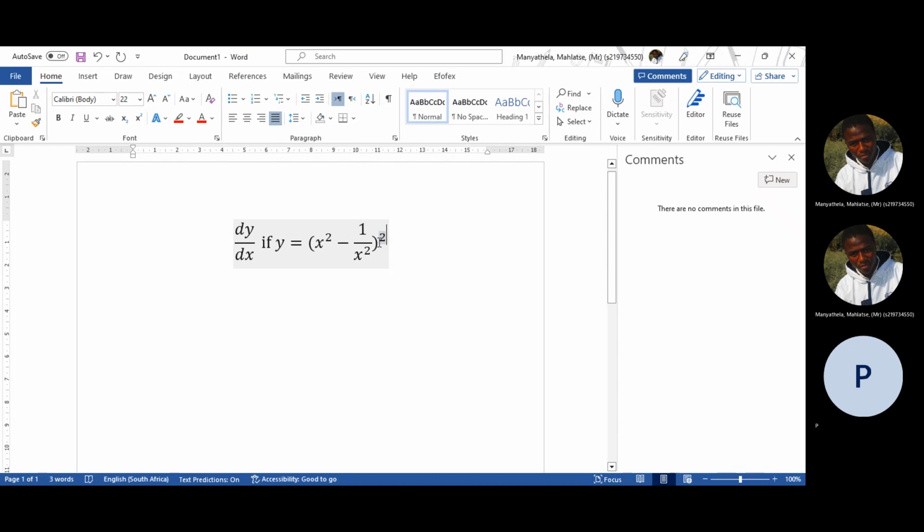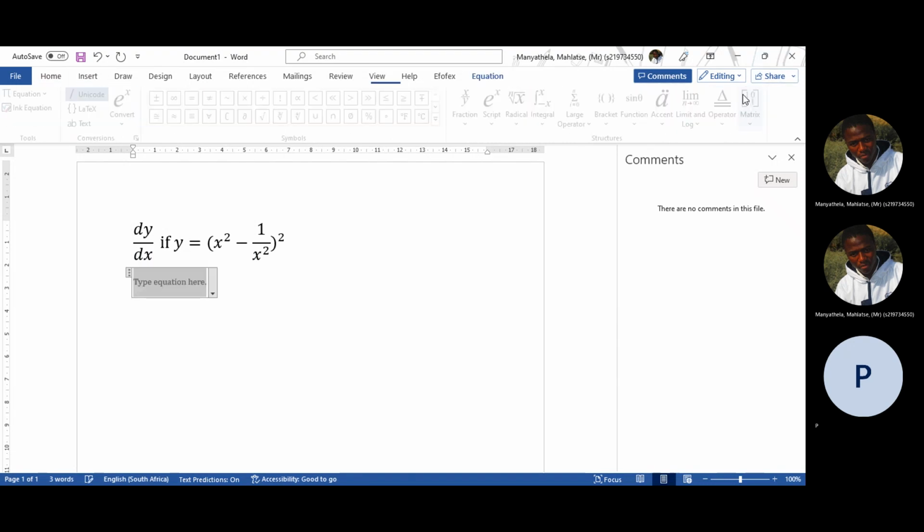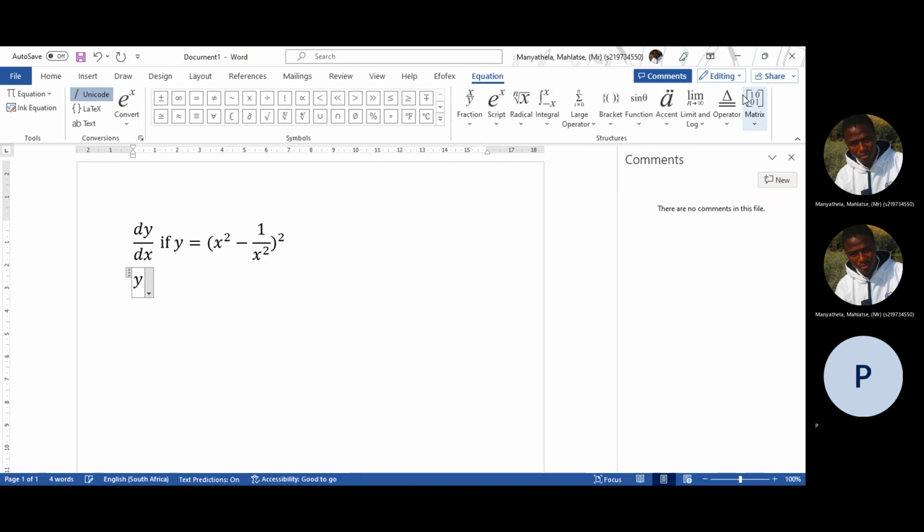If you were to derive something like this, it's a binomial, a square of a binomial. My advice to you would be, before you even start deriving, first simplify what you're given. So if we're to simplify it, we are squaring a binomial.